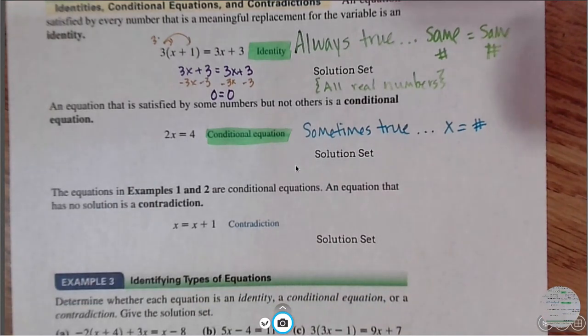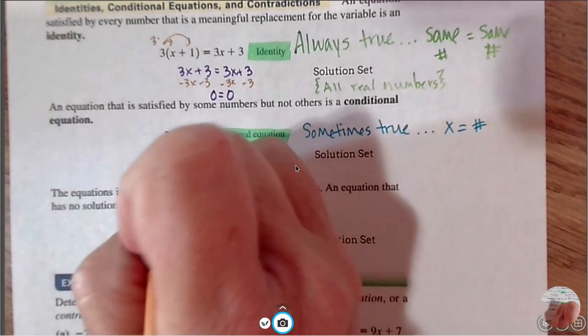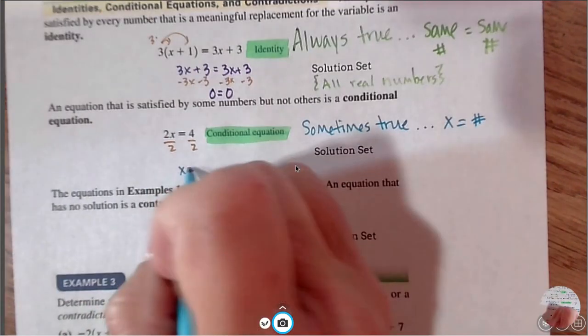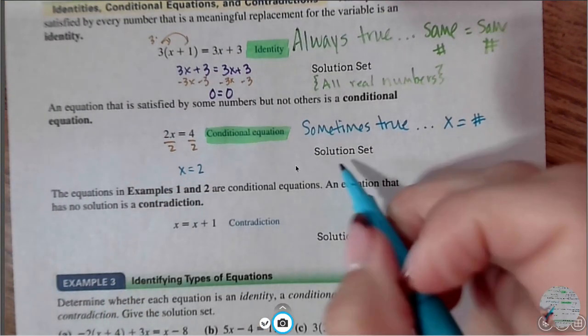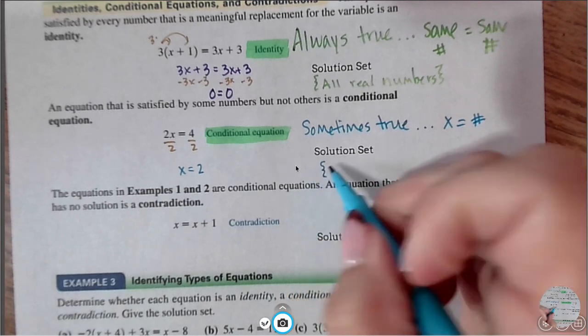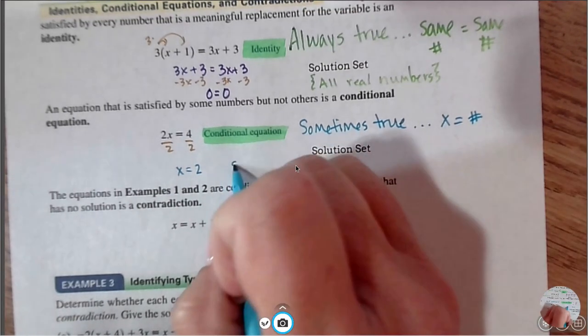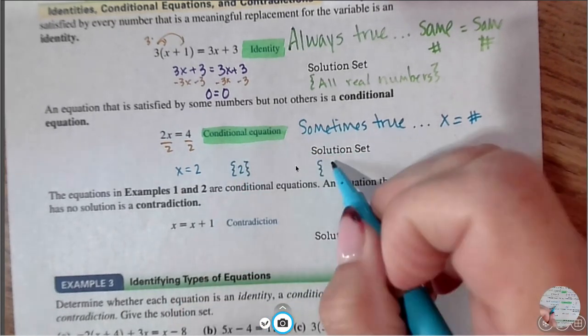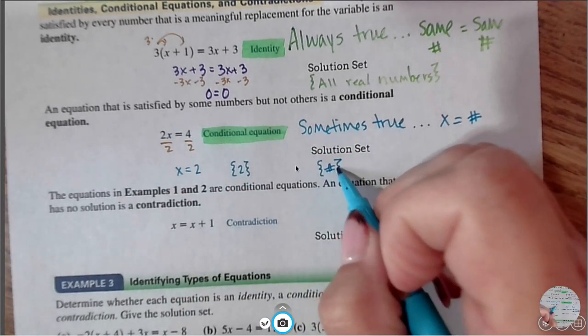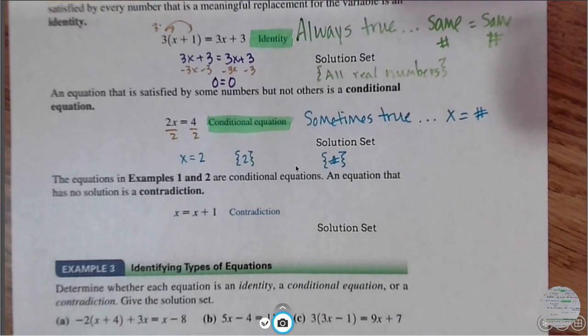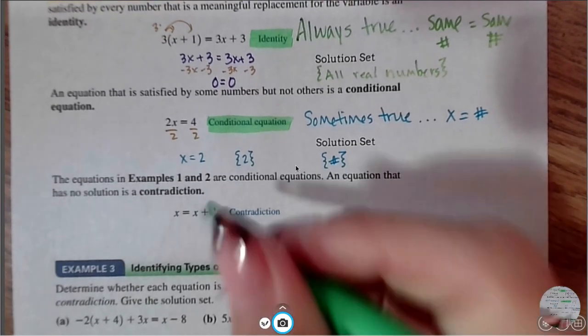So in this example we have here, if we divide both sides by 2, we get x equals 2. And in this case, the solution set would be the number that we get. So in this case, it's 2, but in general, it's just going to be whatever number you got when you solved for the variable.